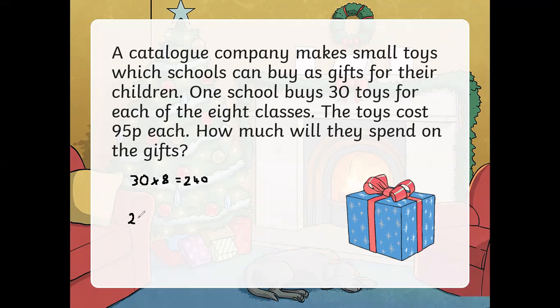So then the next calculation we have to do is 240 times 0.95, which gives us, if you calculate that, £228, it seems. Okay, pounds. Yeah, and write it there. You can remember. There we go. £228 is the answer for that one.